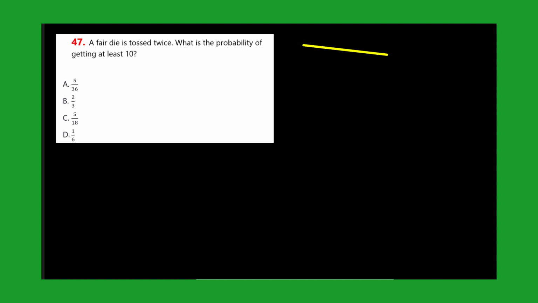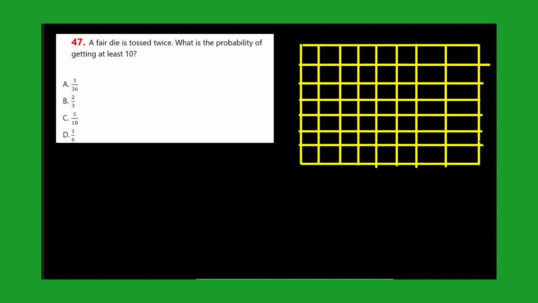So here's the table. The dice is tossed twice.